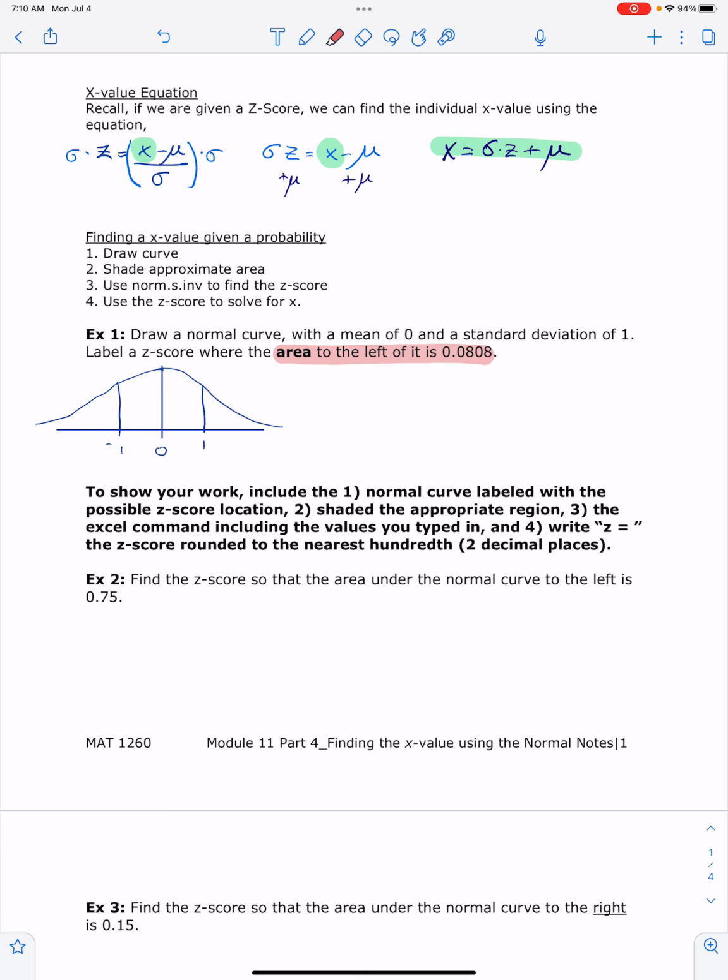So I know that one standard deviation gives me an area to the left of 0.16, and two standard deviations gives me an area to the left of 0.0235.